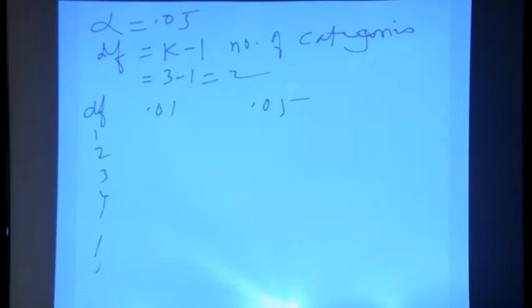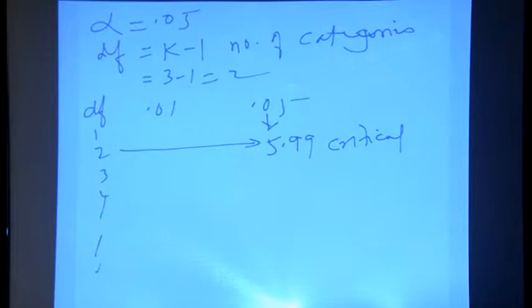We are looking at degrees of freedom 2 under this 0.05, and that number there is 5.99, and that 5.99 is the critical value. Okay, the critical value from the table.